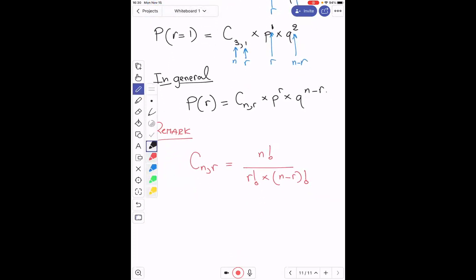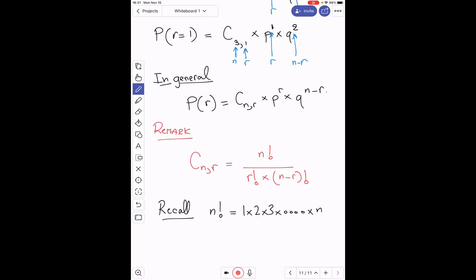Just to remind you, n factorial is when you multiply 1 times 2 times 3, etc., but then you have to stop at n.